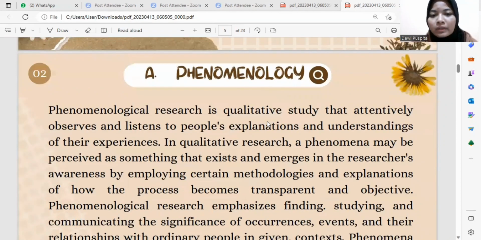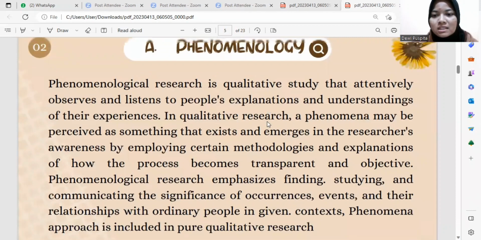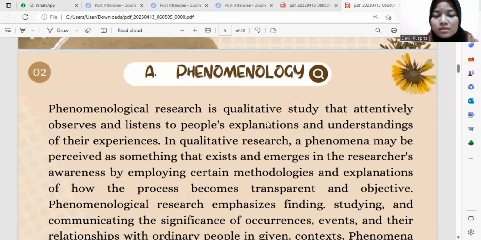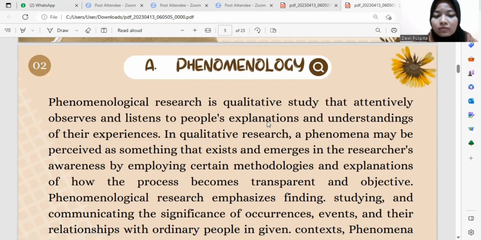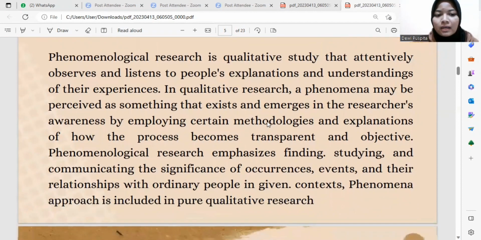Okay, phenomenology. Phenomenological research is a qualitative study that attentively observes and listens to people's explanation and understanding of their experience. In qualitative research, a phenomenon may be perceived as something that exists and emerges in the researcher's awareness by employing certain methodologies and explanation of how the process becomes transparent and objective.